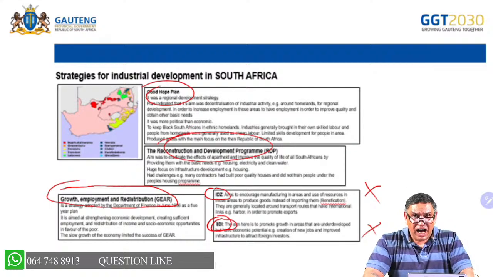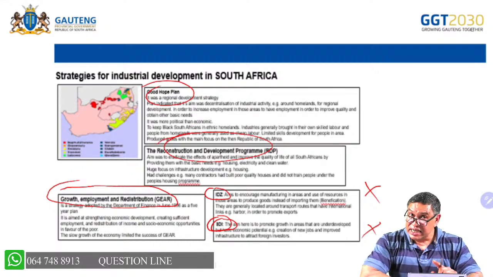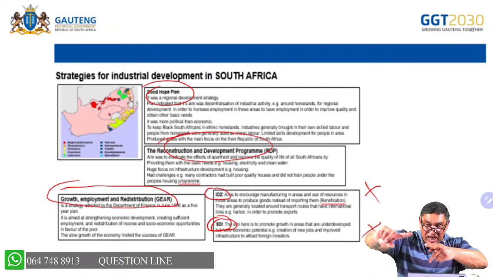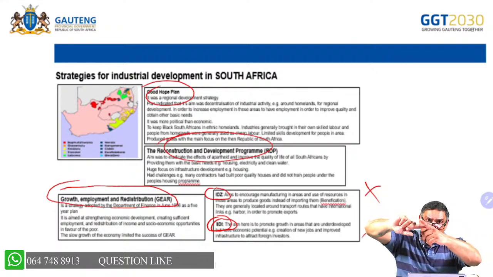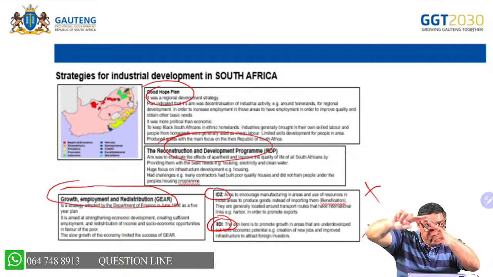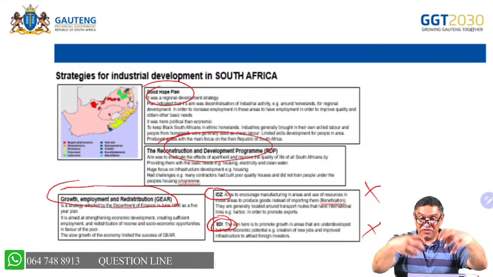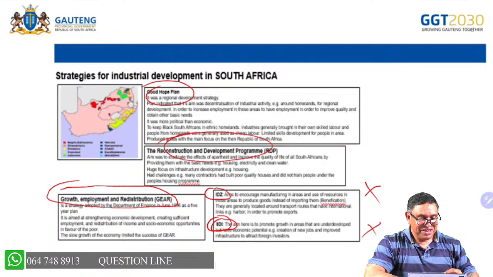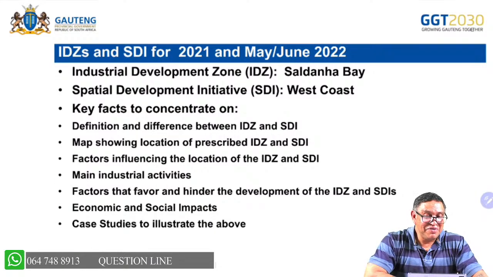The SDI aims to promote growth in areas that are underdeveloped. So the SDI is built, and the aim here was to create employment and to improve transport infrastructure. By improving transport infrastructure, you're encouraging more investment in the area. Okay. So those were your main factors.